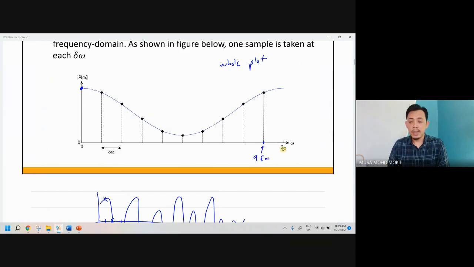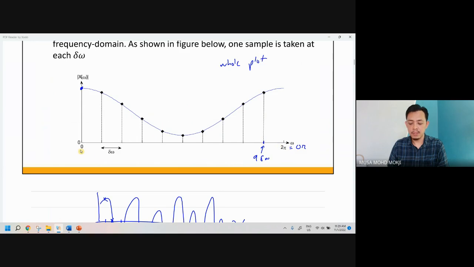And then 2 pi. At 2 pi, we actually don't take a sample, because 2 pi is equal to 0 pi. Right? Because this is angular. 2 pi is equal to 0 pi. We already have a sample at 0 pi, so we don't take a sample at 2 pi.